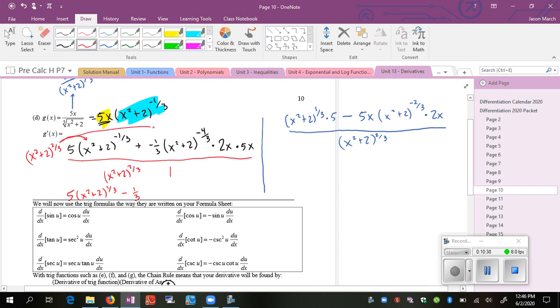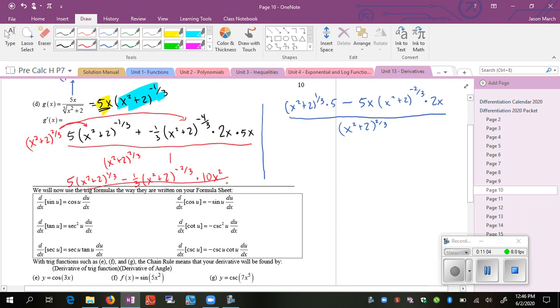If I distribute that to there, 2/3 plus negative 4/3 is now going to be x squared plus 2 to the negative 2/3. And then the 2x and the 5x can multiply together and be 10x squared. And again, this is all over that denominator of x squared plus 2 to the 2/3. So I'm running out of space here, so I'll write it off to the side, x squared plus 2 to the 2/3.